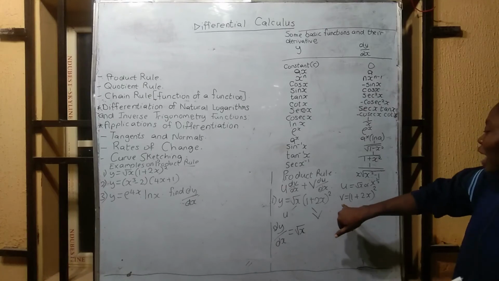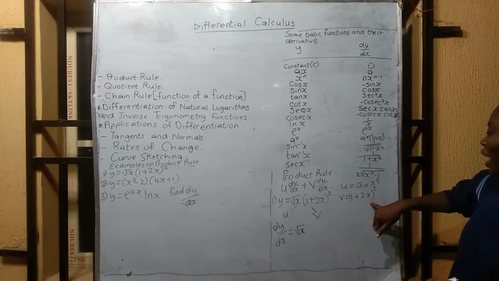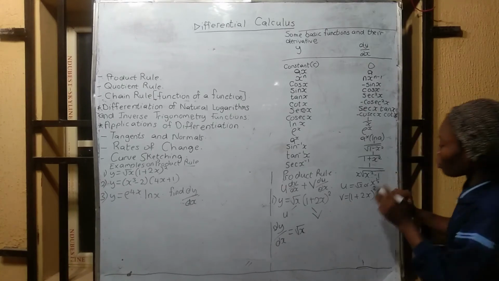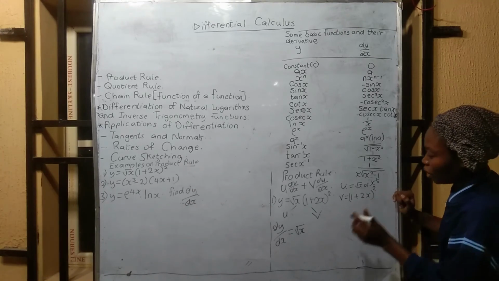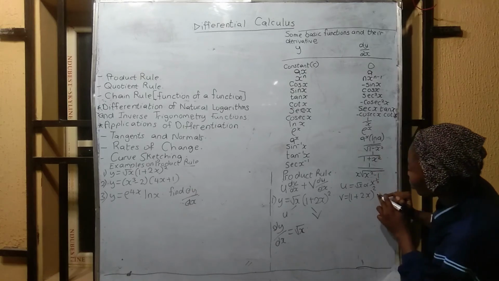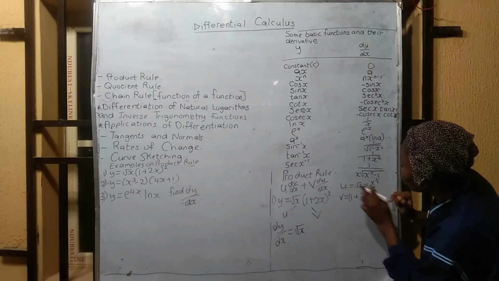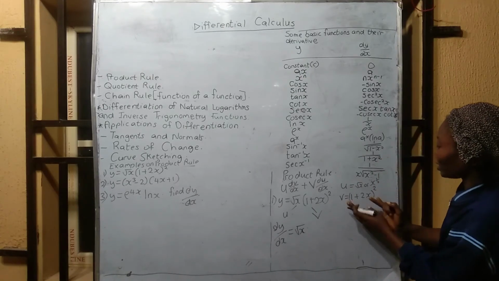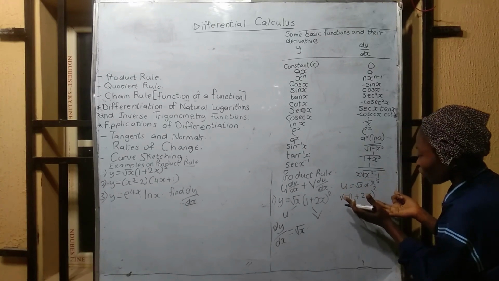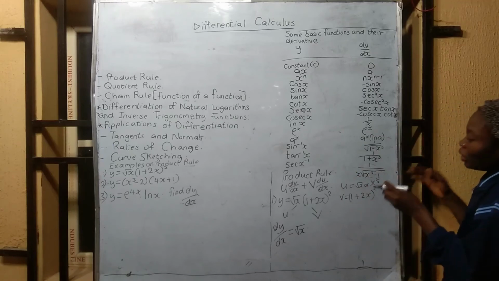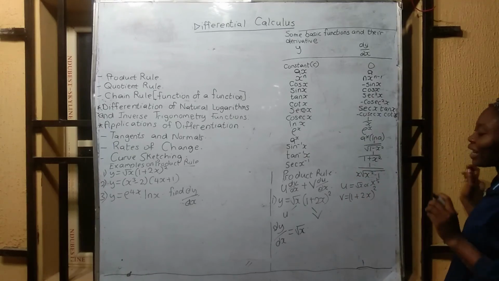Now we want to differentiate our v with respect to x. So when we have 1 plus 2x, everything raised to power 2, then differentiating that, we have our 2 first. We have to differentiate everything in the bracket first.